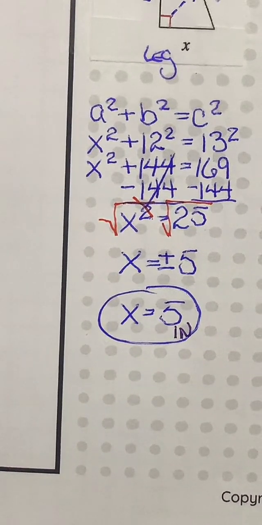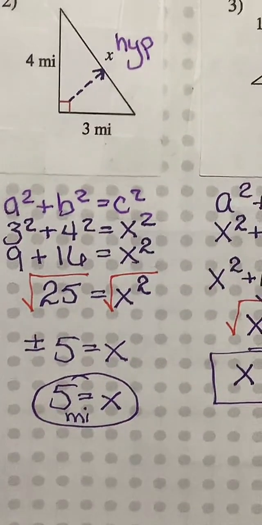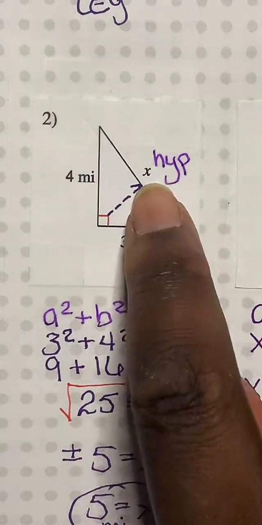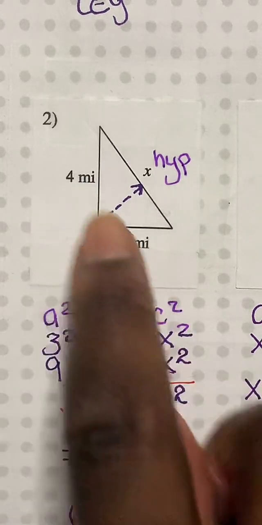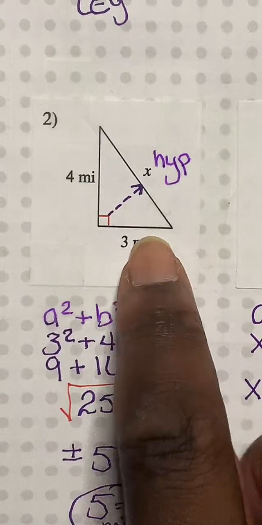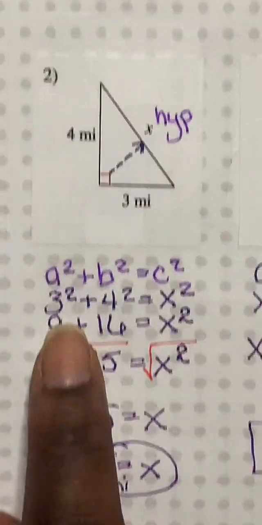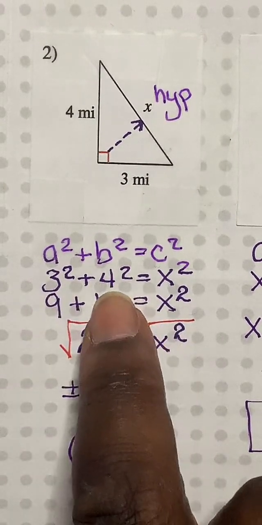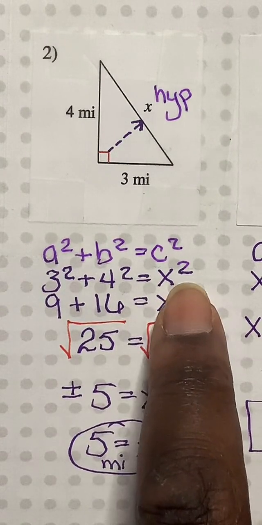Okay. So things can kind of change up, especially this side over here. This time, our unknown was our hypotenuse. But our two legs are interchangeable. It didn't matter which one was going to be my A side and which one's going to be my B side. So I just said, okay, 3 squared, that's my A side. 4 squared, that's my B side. But it's going to equal x squared.